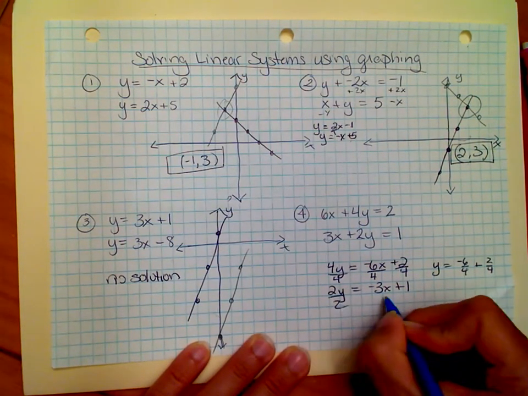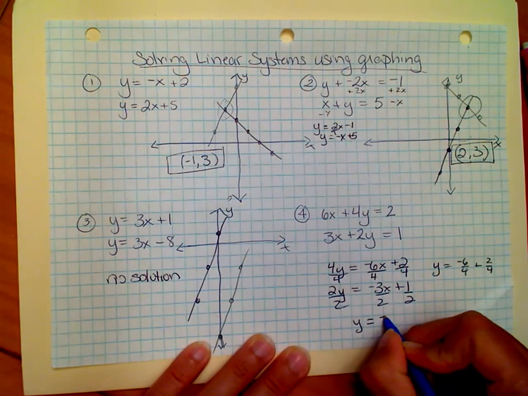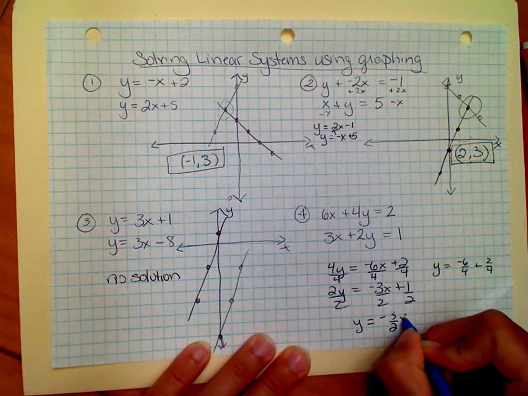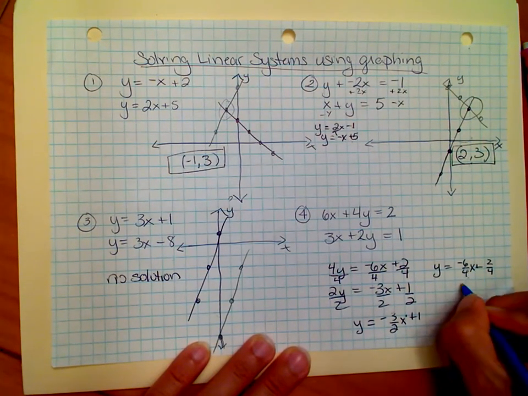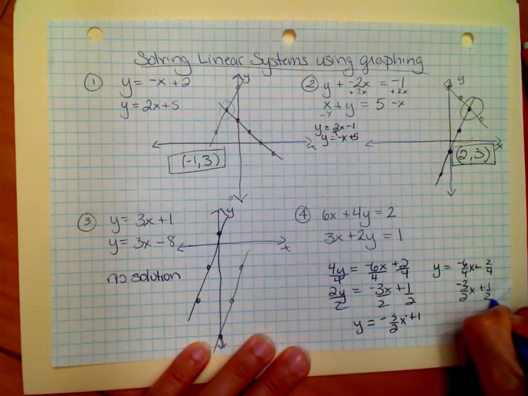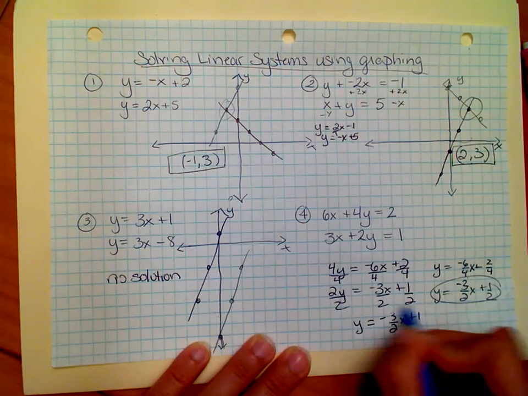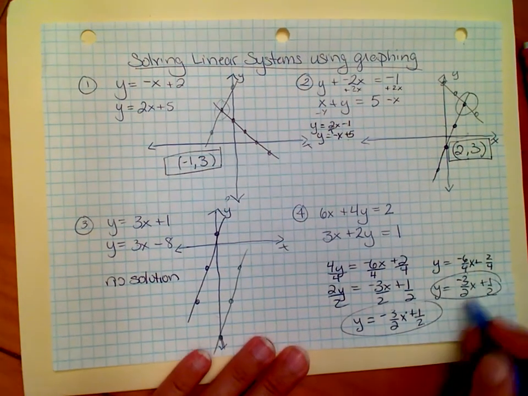And if I divide this by 2, I get y equals negative 3/2 x plus 1. Reducing these, I get negative 3/2 x plus 1/2, which you'd see is the same. Sorry about that. They're the same line.